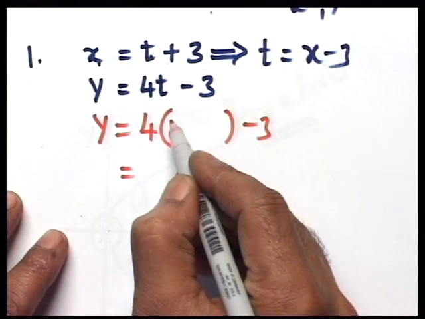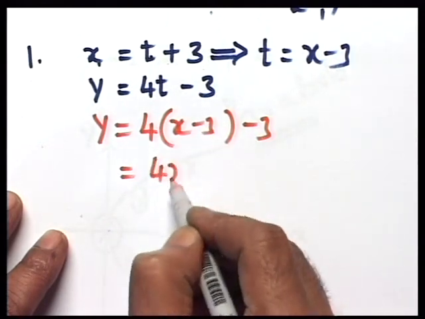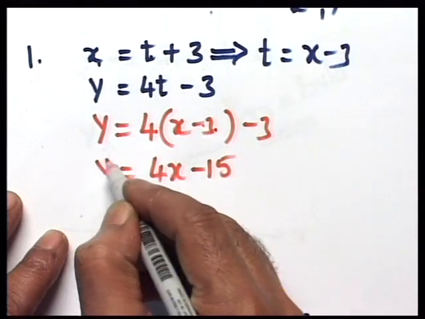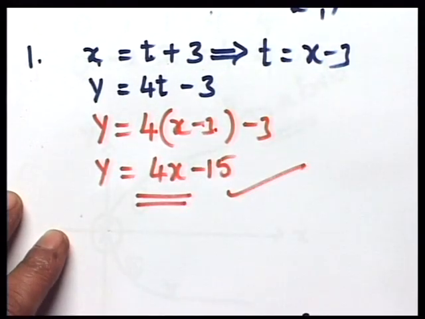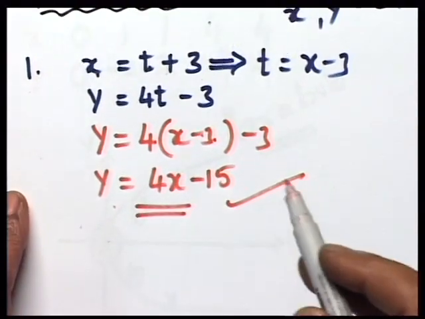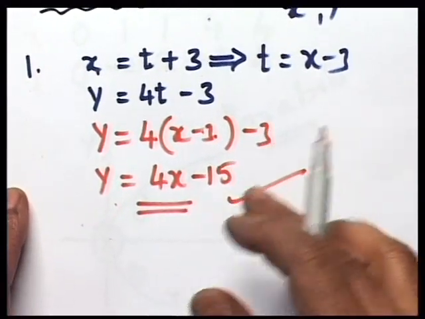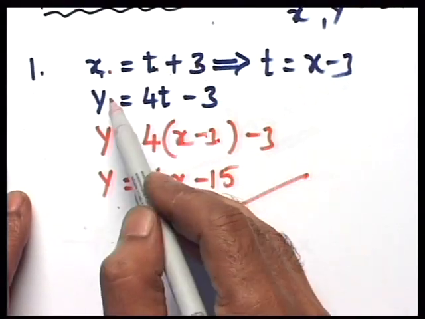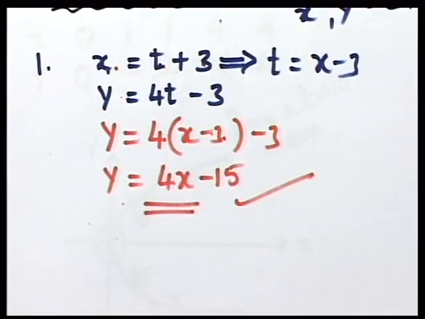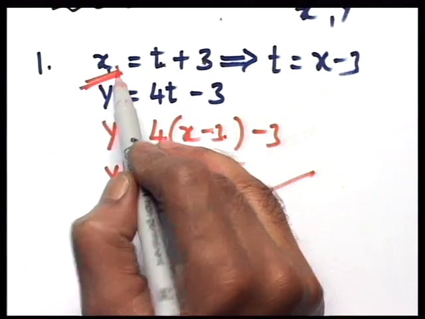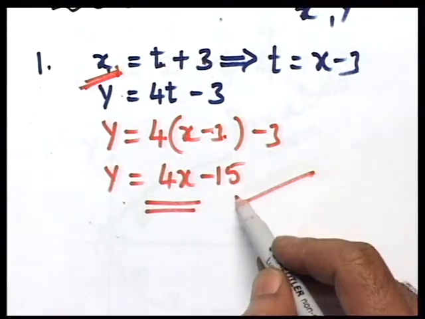I substitute that as x minus 3, I get 4x minus 12 minus 3, minus 15. So it's actually a straight line, y equals 4x minus 15 with a gradient 4 in Cartesian form. In parametric form, the curve was x equals t plus 3, y equals 4t minus 3. Right? That's how. So go to x most of the time, make t the subject if you need the answer as y equals.